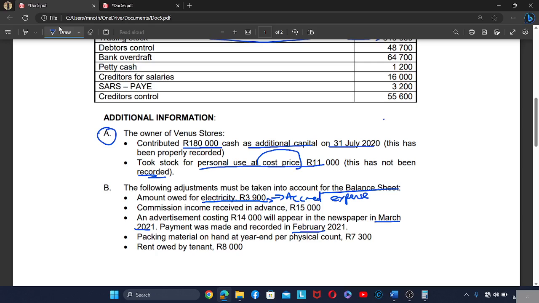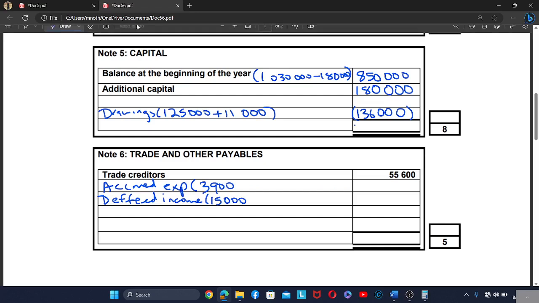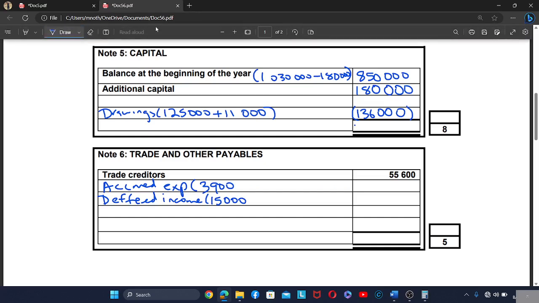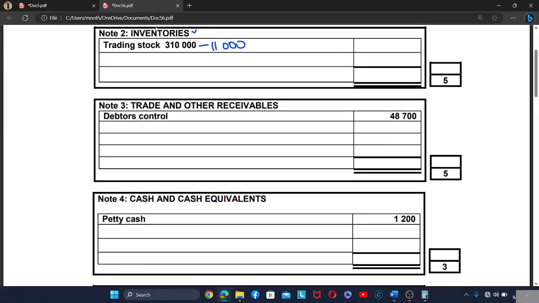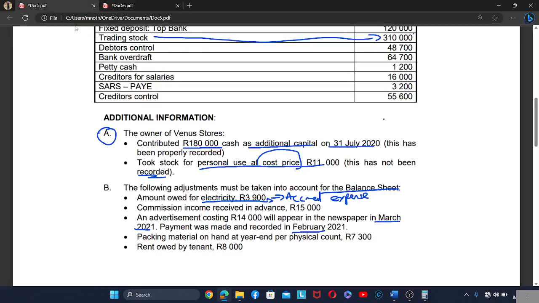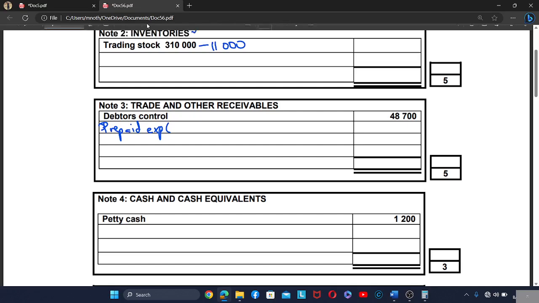So this means that we paid for the advertisement of the next financial year. So if we pay for the advertisement of the next financial year, that is a prepaid expense. We know that the prepaid expense is an asset to the business and it falls under the trade and other receivables. So we must come here and write it. So it is 14,000.